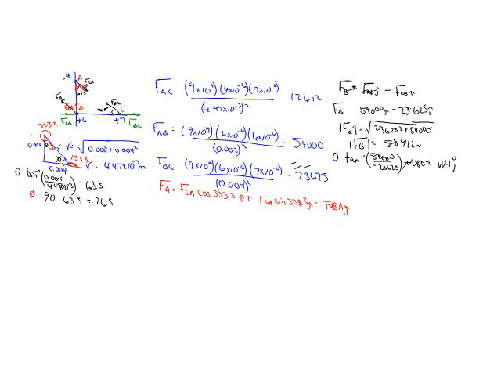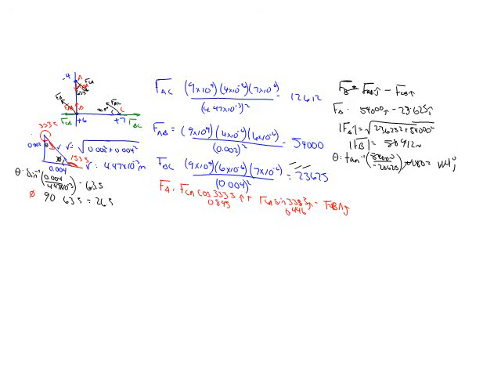I'm going to clean this up a little bit first. This is going to be 0.895. And this one is going to be negative 0.446. That'll just make it a little bit easier. Let me write it down next.